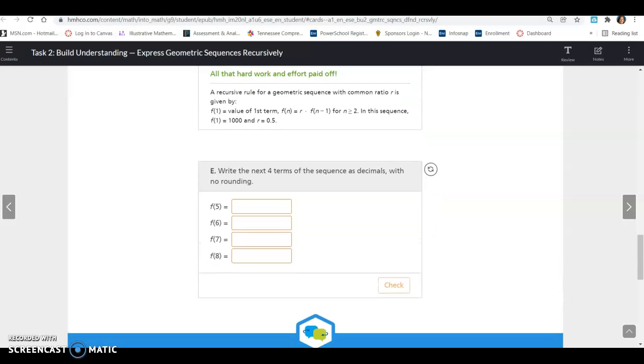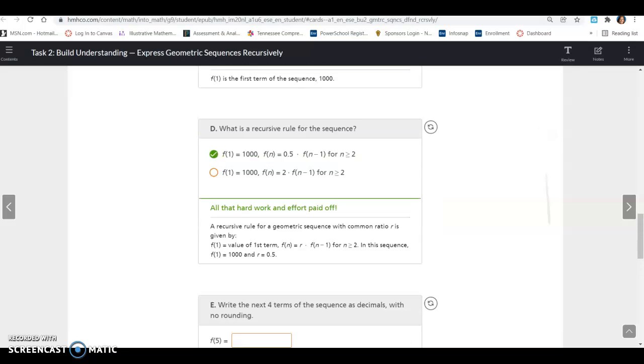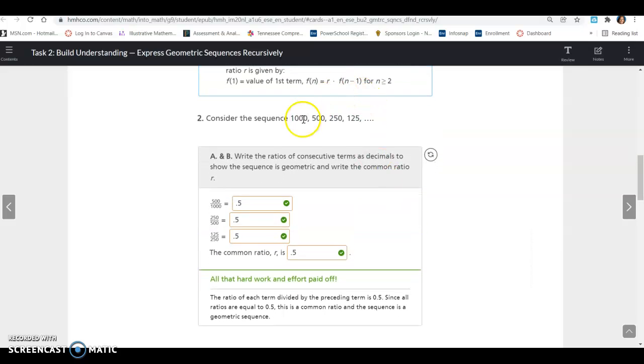All right, so it says write the next 4 terms of the sequence as decimals with no rounding. All right, so we know that f of 5 will come after f of 4. So we are given 1, 2, 3, 4 terms. So we're going to have to take the 4th term and multiply it by the common ratio to get the next term.